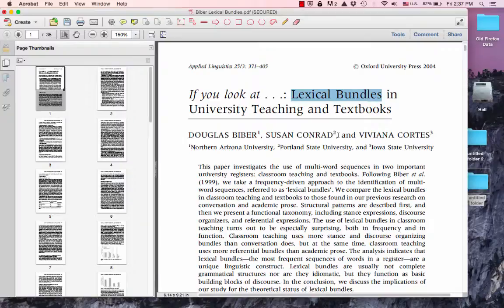So, this group of people, these are some rather influential people in the corpus world, what they have done is they took university textbooks, so basically texts for academic purposes, and they ran them all into a database. And what they wanted to do was find consistencies across these textbooks.